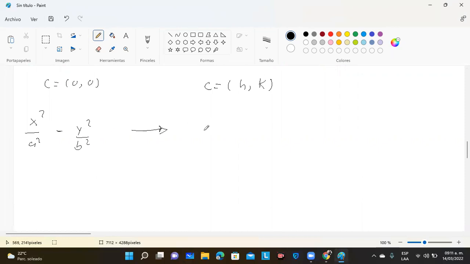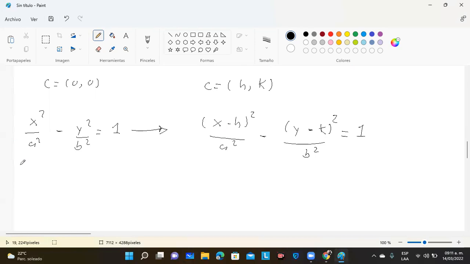But what happens when it shifts? When it shifts, we are going to have x minus h squared divided by a squared minus y minus k all squared divided by b squared equals 1. Okay, here I missed the 1, sorry. So this is when it's centered in the origin and when it's out of the origin.